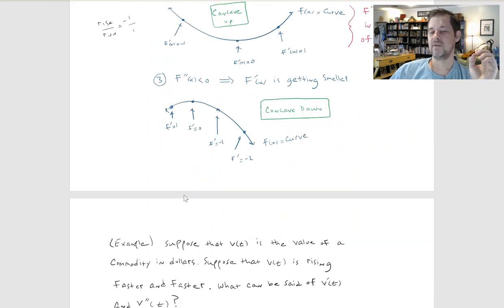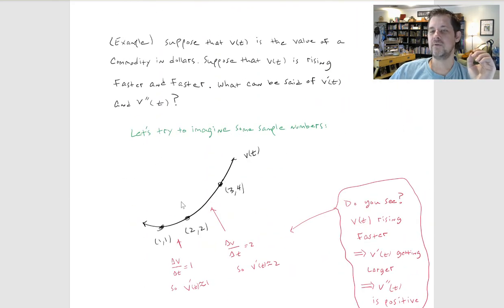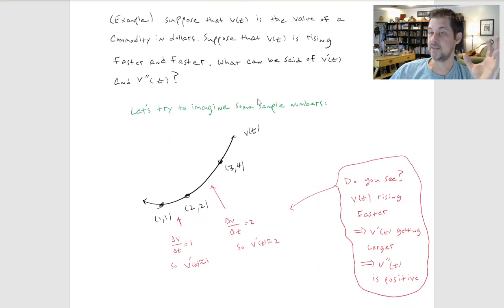So I can make that as a statement about what the first derivative and the second derivative are. The question is, what can be said of the first and second derivative? Well, I can't give you numbers, because there were no numbers given in the question. I just gave these as a sample to help us imagine the scenario.